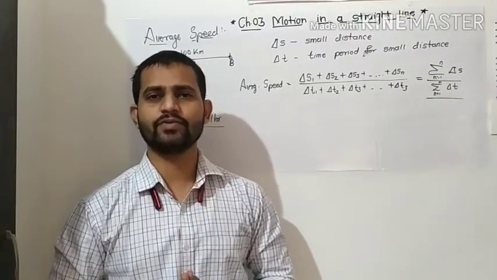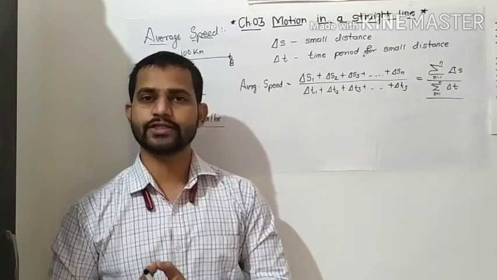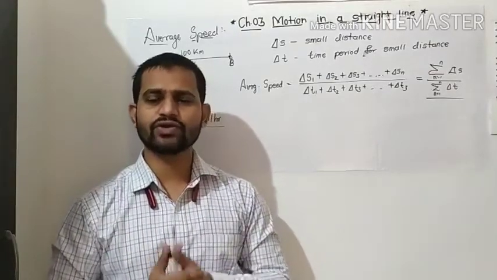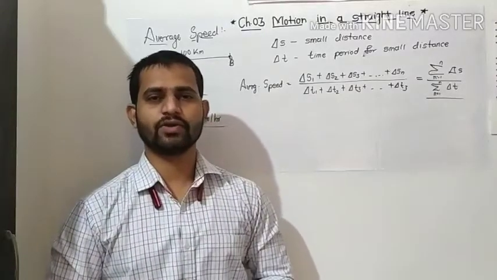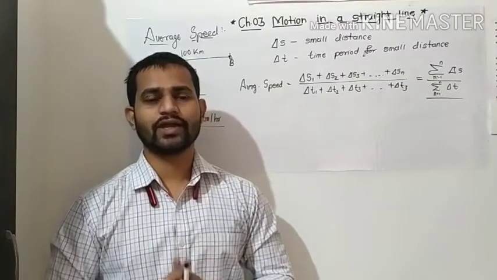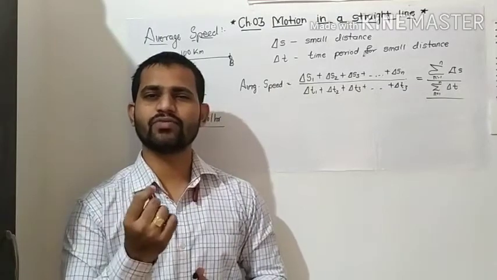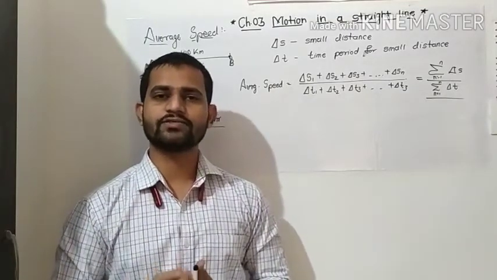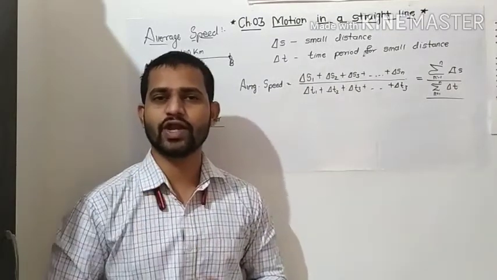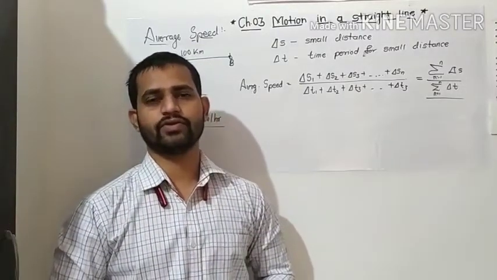Can we calculate the speed for 0.15 second, for 0.25 second, for 0.28 second, for 0.32 second? Yes, we can calculate, because we have the value of the speed of the rocket and the value of the time. So we can calculate the distance: how much distance will be covered by the rocket during that small time interval? We consider such a small time interval so that we can get the actual value of the speed and the actual value of the distance covered by that rocket.